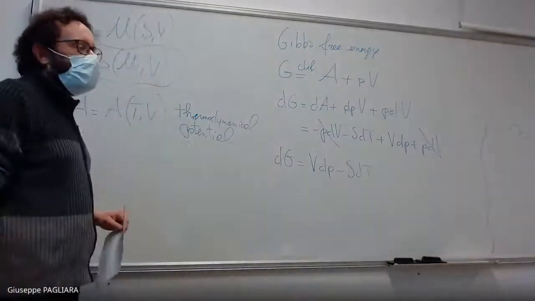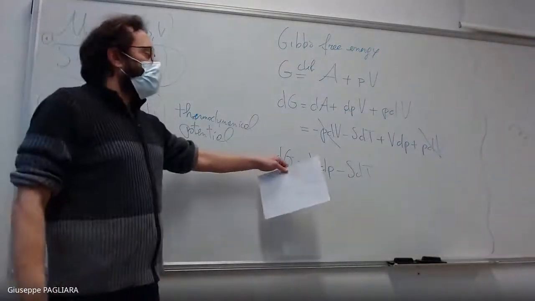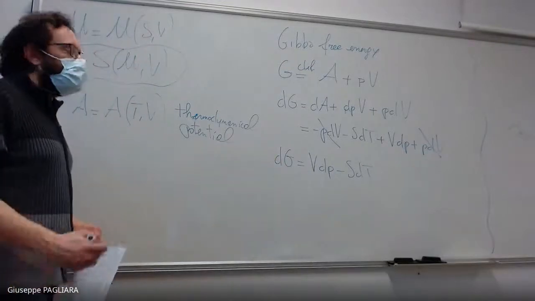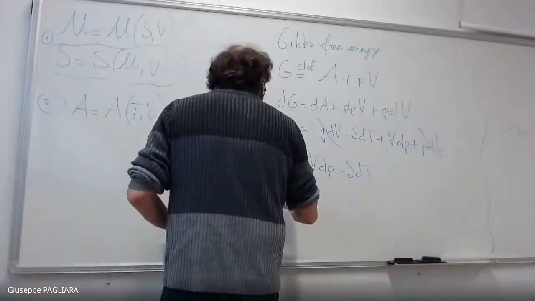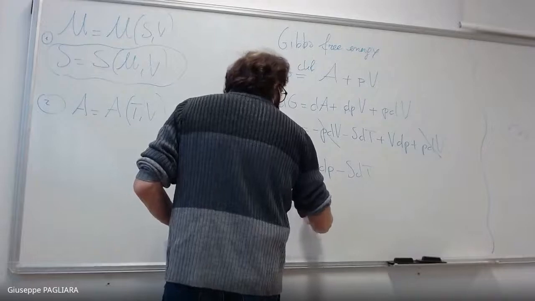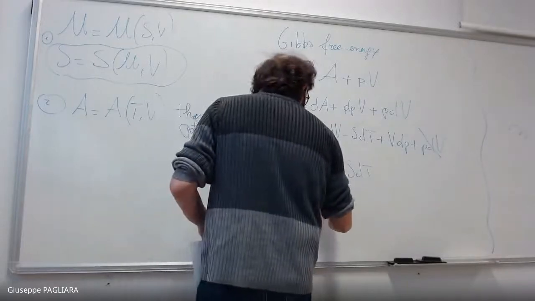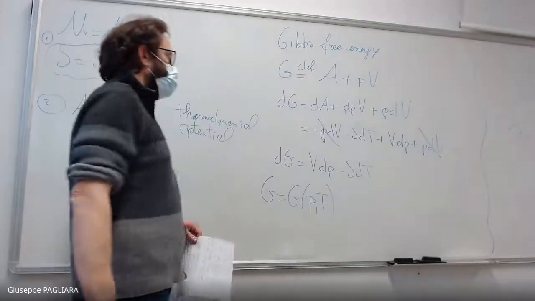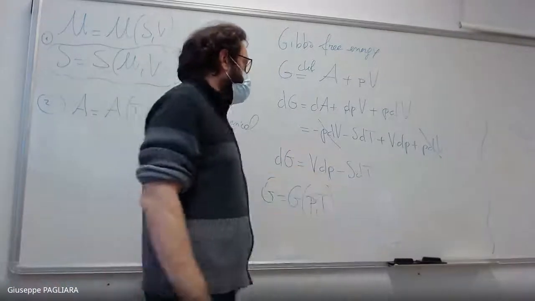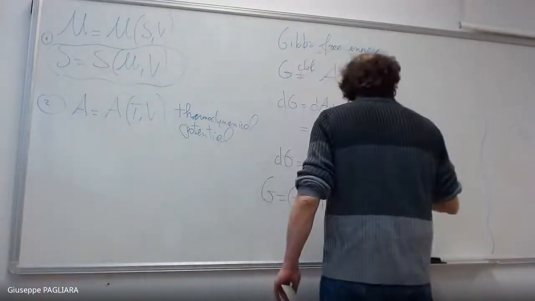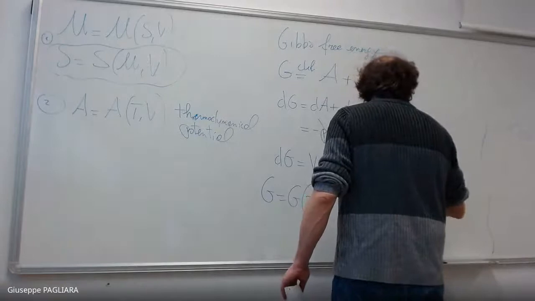As before, you can notice that this is again a state variable, and it is a function, this time, of pressure and temperature. And of course, as before, there are two Maxwell relations.